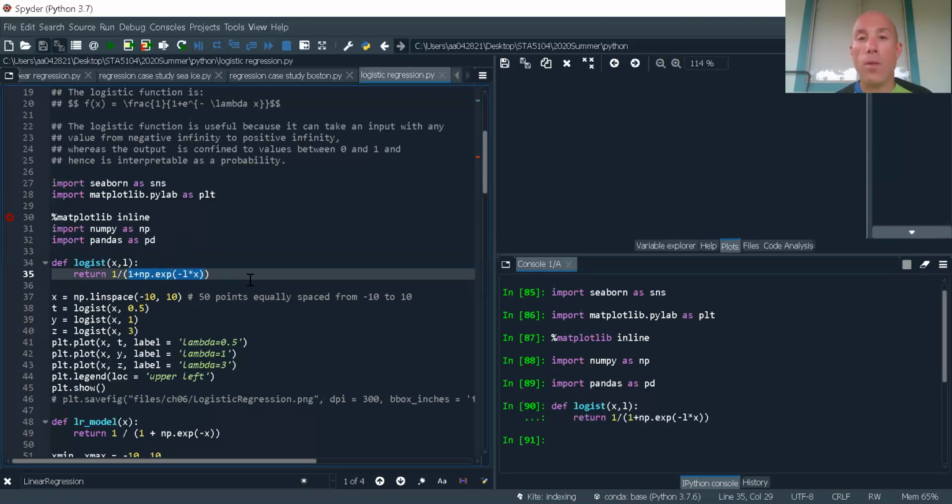Conceptually, if I divide by something big, I get something small. Divide by something small, I get something big. And that's how we're going to get probabilities off of this.